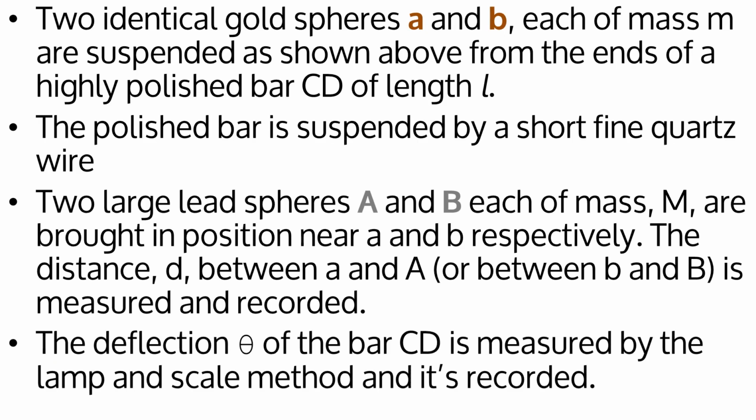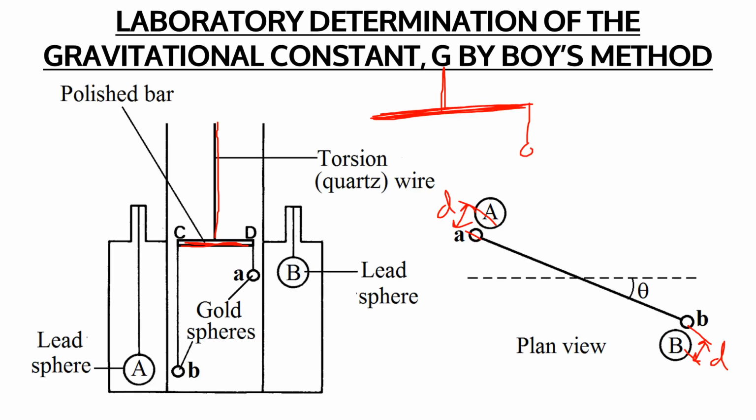Now, the deflection theta of the bar CD is measured by the lamp and scale method, and it's recorded. I'll go back still to the diagram. Look at this. Because capital A attracted small a, this is a lead sphere attracting a gold sphere. They attracted each other. They came closer.